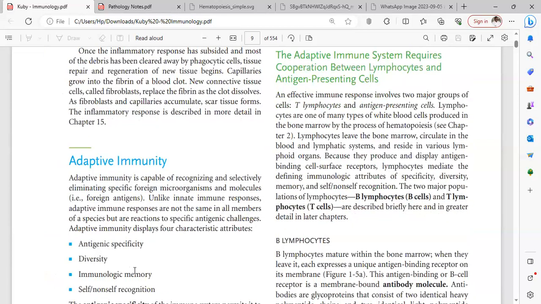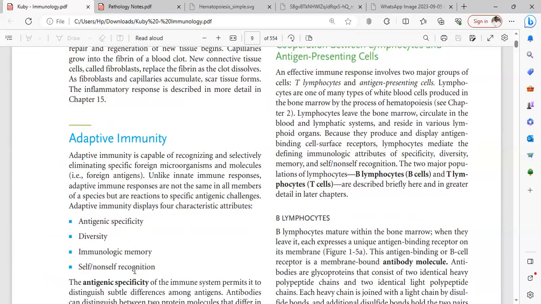So we go to adaptive immunity. Adaptive immunity does not have much content compared to what we have done for innate. For adaptive immunity, we appreciate the fact that it is very specific, unlike innate immunity.